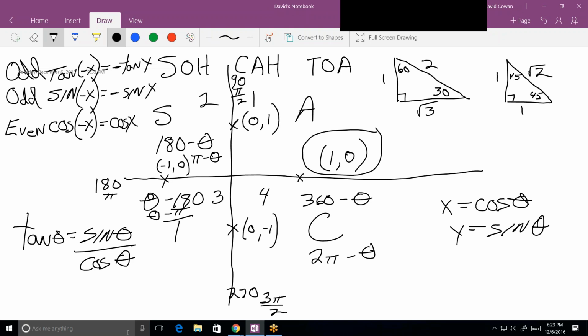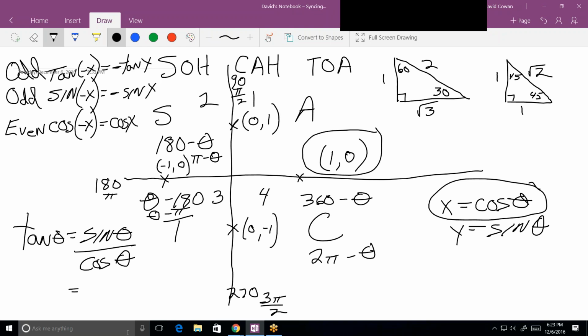Remember, we take trig functions of angles to get numbers. This first coordinate is the cosine over here. X is the cosine. Y is the sine. So what is the tangent of 0? What's the sine of 0? -1.